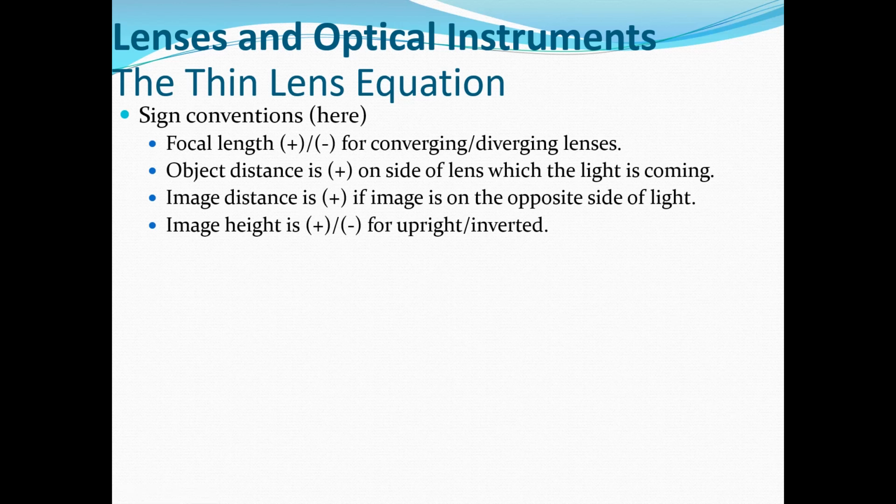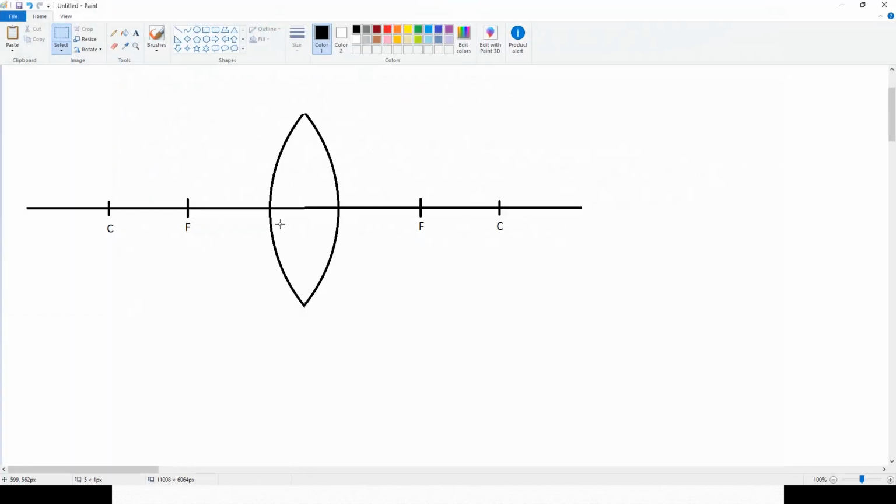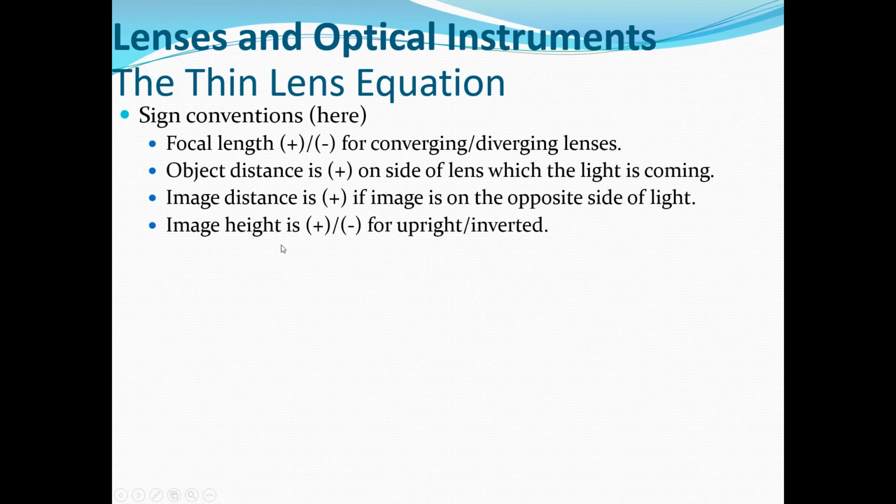So here, if the object is on the left side, and the image is formed on the right side, on the opposite side, we would give this a positive distance because that's where it should be. If that kind of makes sense, that's how I think of it: it's strictly based off of the purpose of a lens being different than a mirror. A mirror wants to reflect the light, while lenses transmit the light.